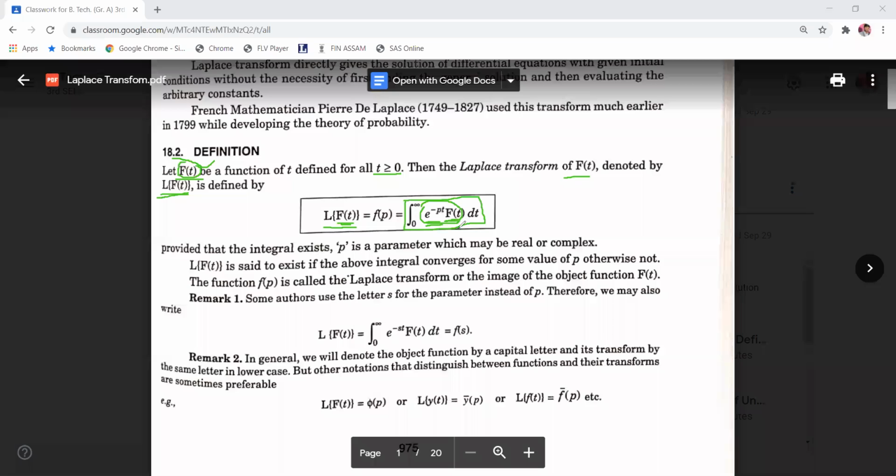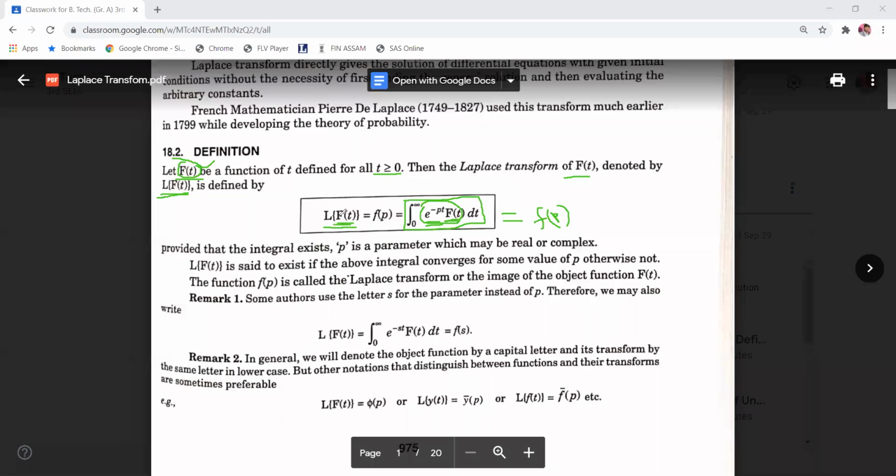So after integration with respect to t, and then after putting the limit, you will get a function of p, because p is there. Try to understand here. The function name I have written is capital F of t.